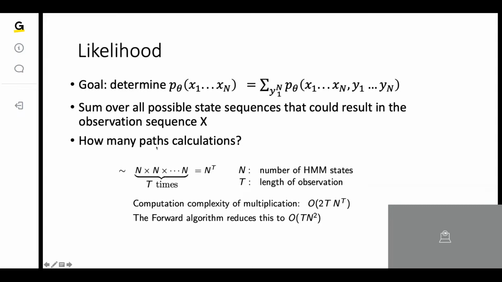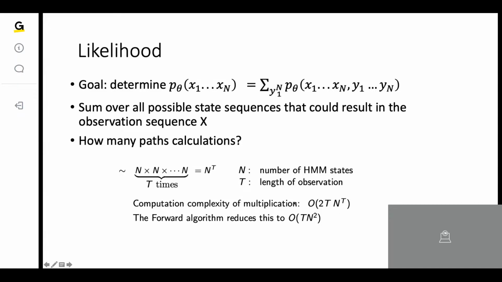So let's consider the HMM with n states and the length of the observation sequence being t. In this case, the number of computations involved is of order t times n to the power t.